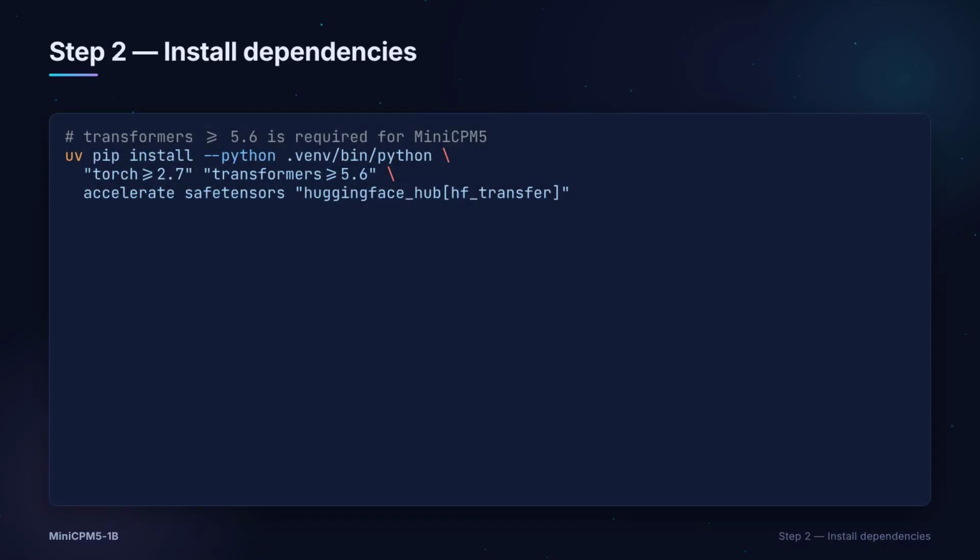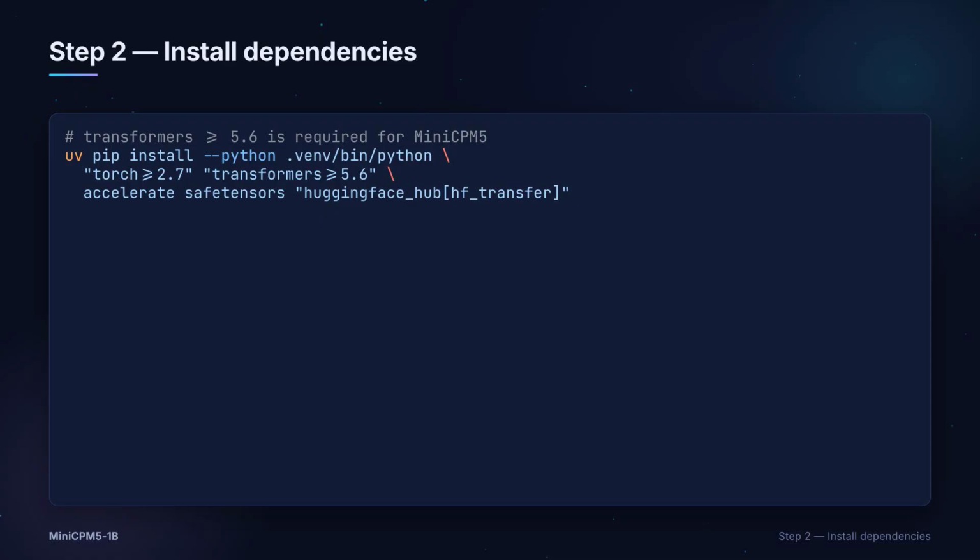Step 2 installs the dependencies. The most important pin to remember is that MiniCPM5 requires Hugging Face Transformers version 5.6 or newer. Earlier versions will not load it correctly. Alongside Transformers, we install PyTorch, which brings the CUDA runtime for the GPU, plus Accelerate for device placement, Safetensors for fast weight loading, and the Hugging Face Hub client for downloads.